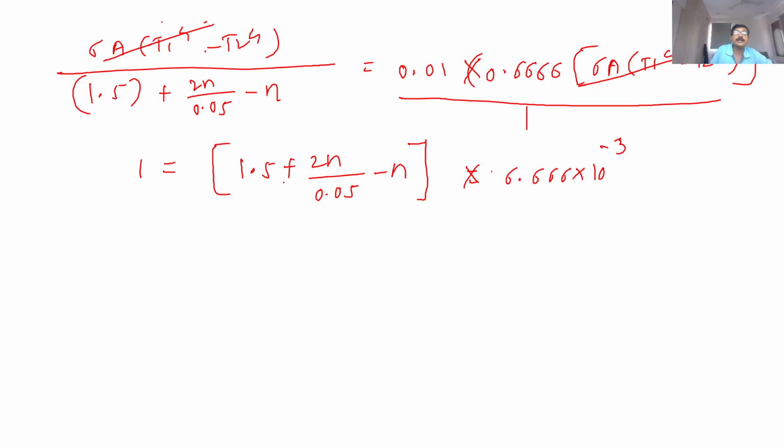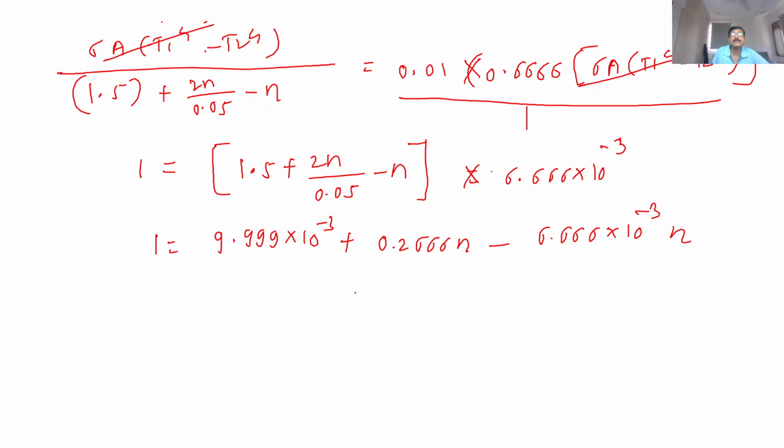Now I am taking this parameter in multiplication, and if we solve this equation, it becomes 1 equals 9.999 into 10 raised to minus 3 plus 0.2666 n minus 6.666 into 10 raised to minus 3 n.